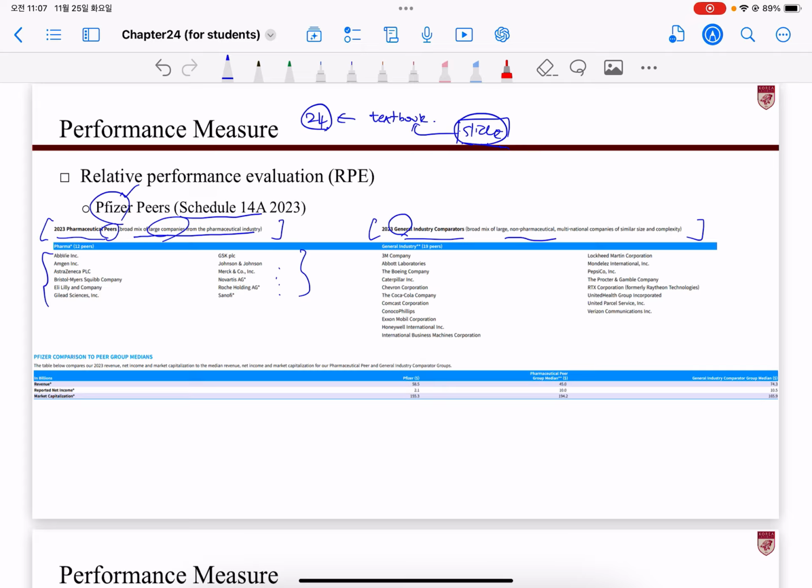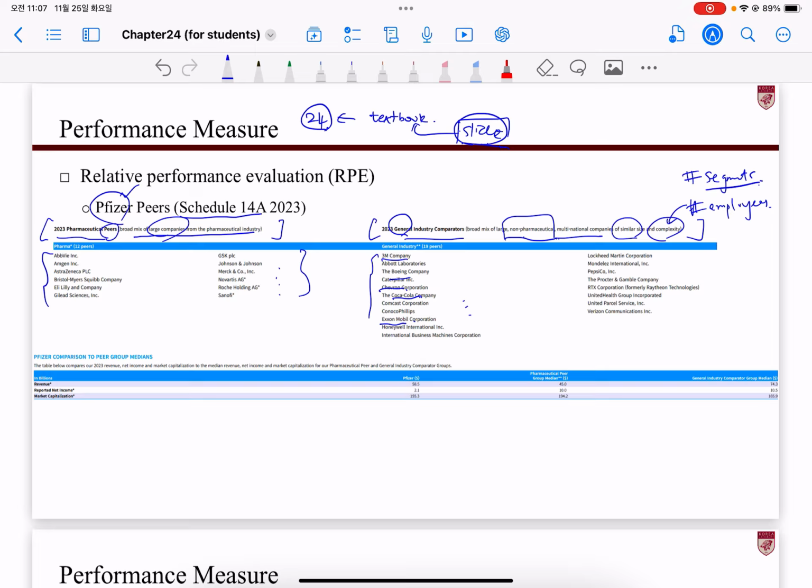They are not necessarily pharmaceutical, but they have chosen companies of similar size and complexity, and I would imagine complexity is based on how many geographic or operating segments you have, or how many employees you have. So there is 3M, Boeing, Chevron, Coca-Cola, ExxonMobil. All these companies are not necessarily pharmaceutical, but they are of a similar size.